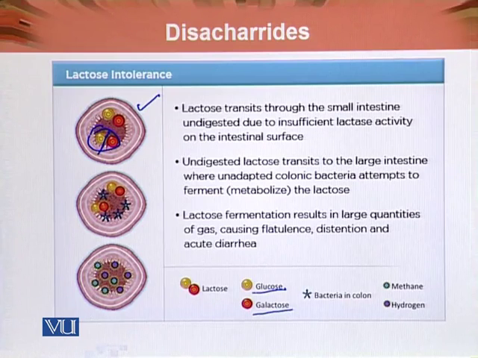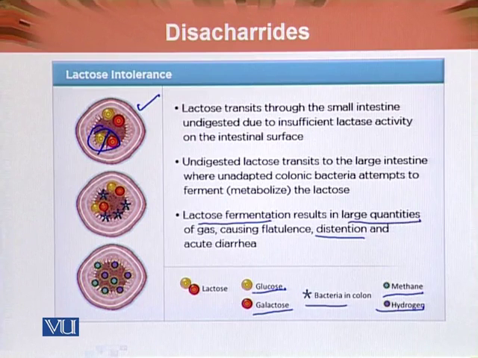By the action of bacteria, this lactose is converted into methane and hydrogen gases, which causes flatulence and dyspepsia, and also distension. When large quantities of lactose ferment in the lumen of the intestine, it causes distension due to production of gases like methane and hydrogen. Large quantities of gases are produced which cause flatulence, distension, and acute diarrhea.